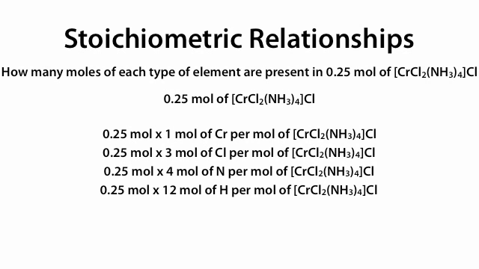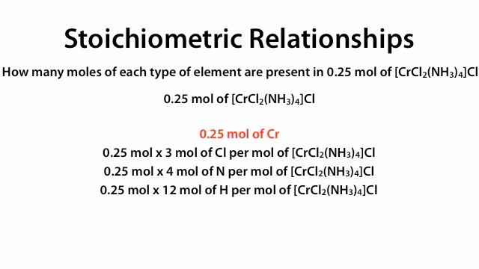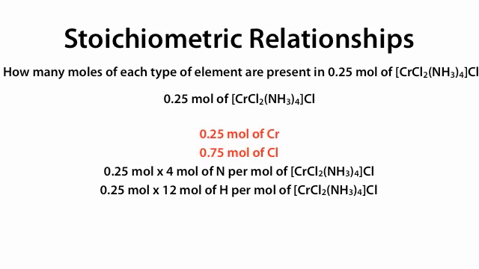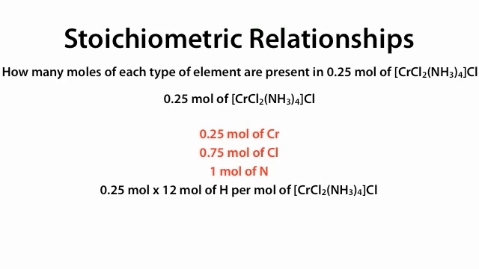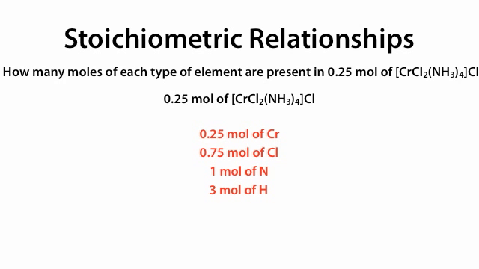Multiplying these out, we get 0.25 moles of Cr, 0.25 moles times 3, or 0.75 moles of Cl, 0.25 moles times 4 moles of N, 1 mole of N, and 0.25 times 12 moles of H, 3 moles of H. So altogether, 0.25 moles of this compound has 0.25 moles of Cr, 0.75 moles of Cl, 1 mole of N, and 3 moles of H.